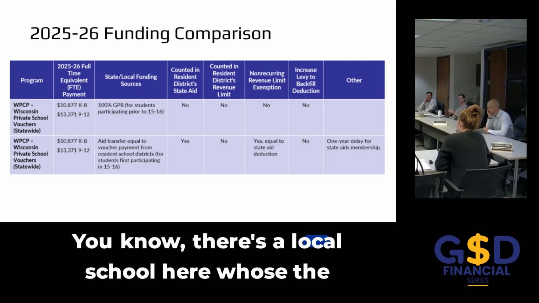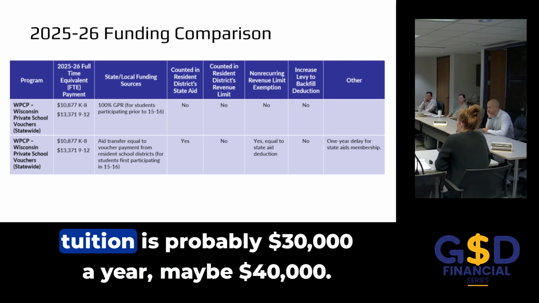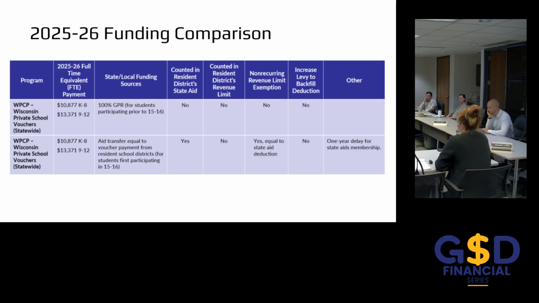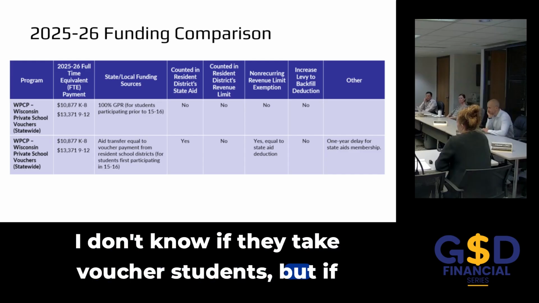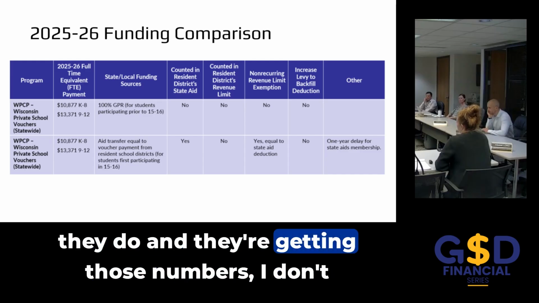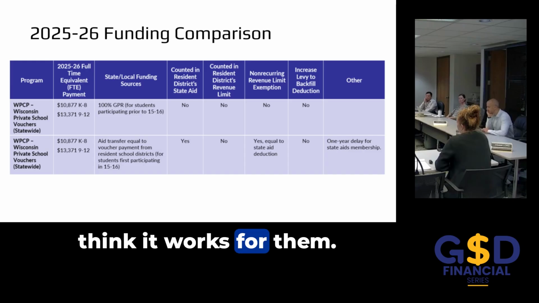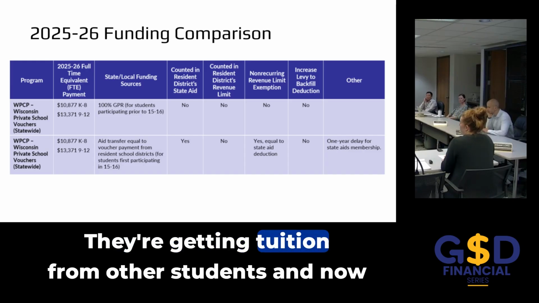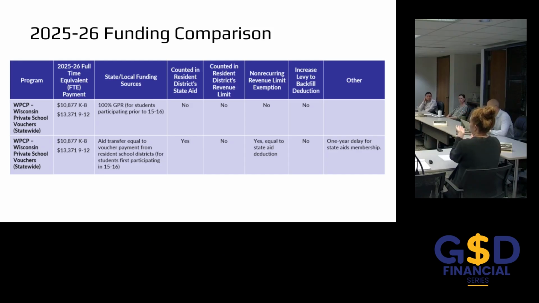There's a local school here whose tuition is probably $30,000 a year, maybe 40. It's not that far away. I don't know if they take voucher students, but if they do, and they're getting those numbers, I don't think it works for them. Yeah, so they're getting tuition from other students, and now they're getting these dollar amounts.